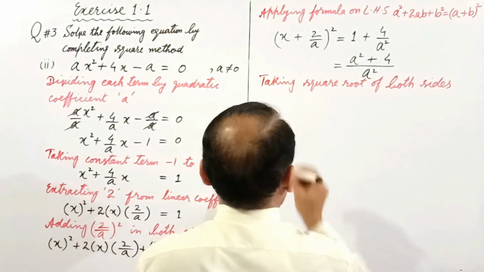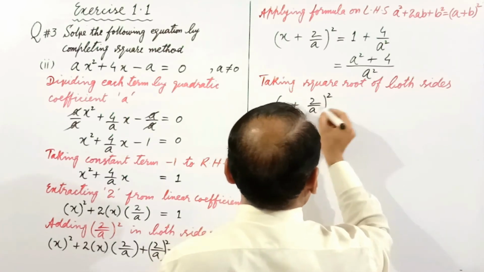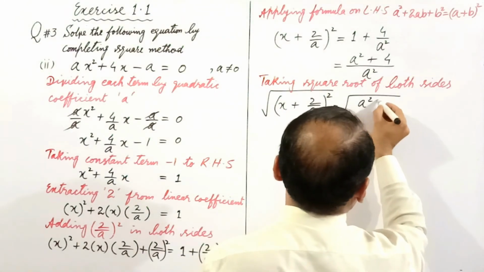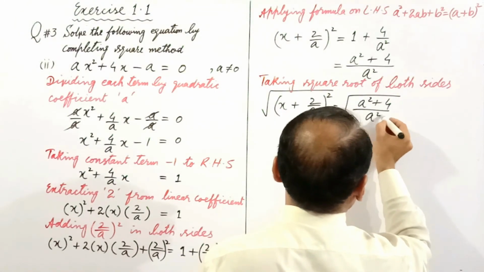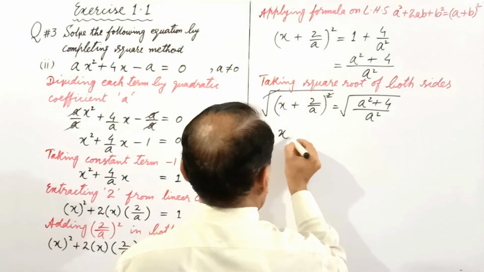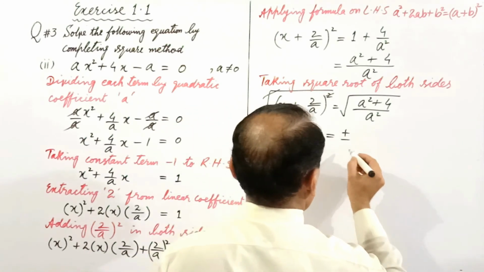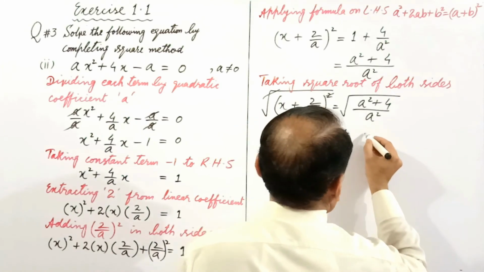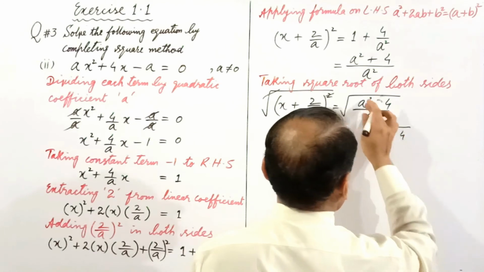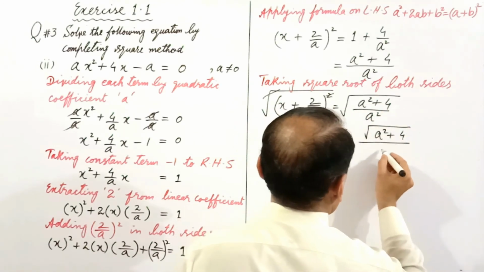We have the square root of x plus 2 over a whole square is equal to the square root of a square plus 4 divided by a square. The square is cancelled by the square root. On the left hand side we have x plus 2 over a, which is equal to plus minus; the numerator is written as the square root of a square plus 4, as it is the sum of the two values, and the square root of a square is a.